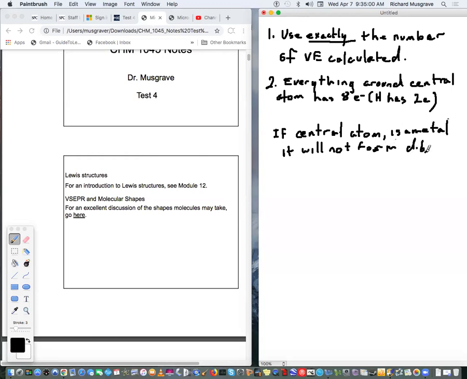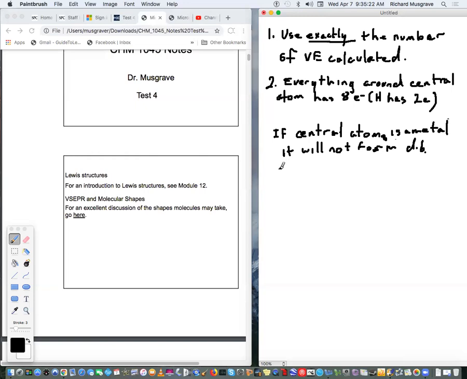So you'll remember that when we had to get 8 electrons on the central atom in the past, we formed a double bond to make that happen. But if the central atom is a metal, it will not form a double bond.